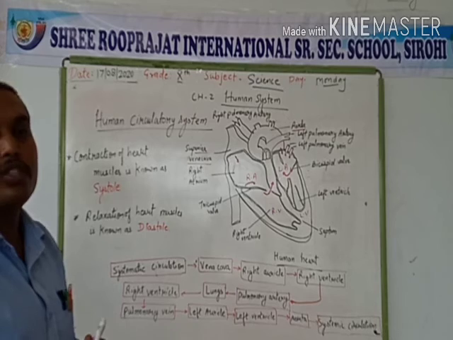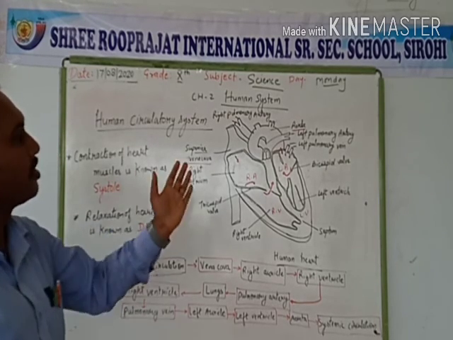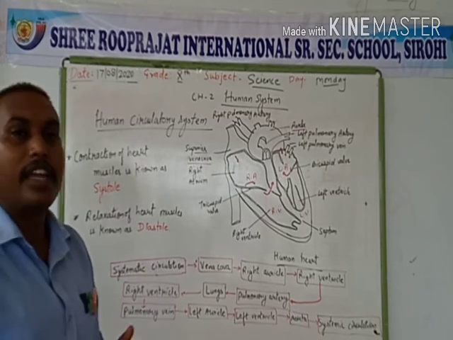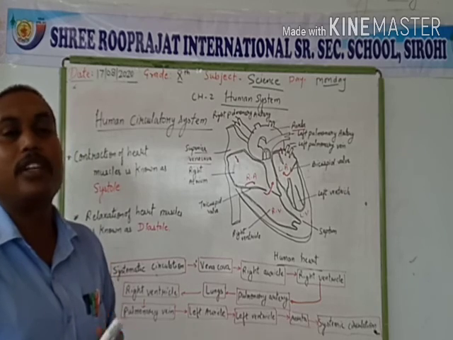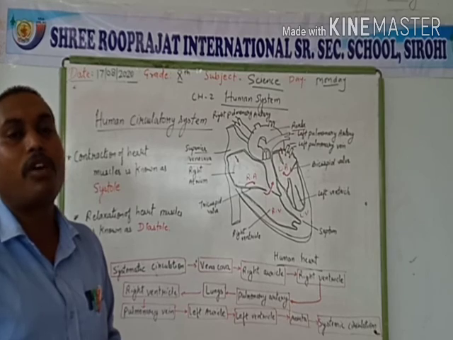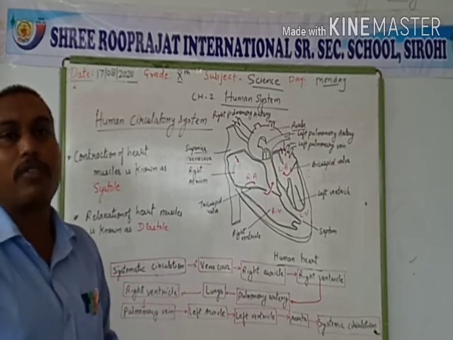This circulation of blood is continuous, so the human circulatory system is continuously working, and we can get the respiratory gases in our body, and the transportation of blood happens regularly through the heart. The heart is the pumping machine of our body, since it pumps the blood to the various parts of our body.